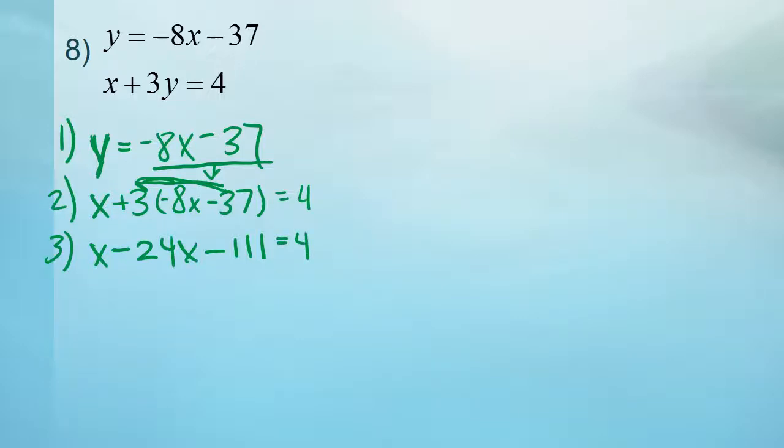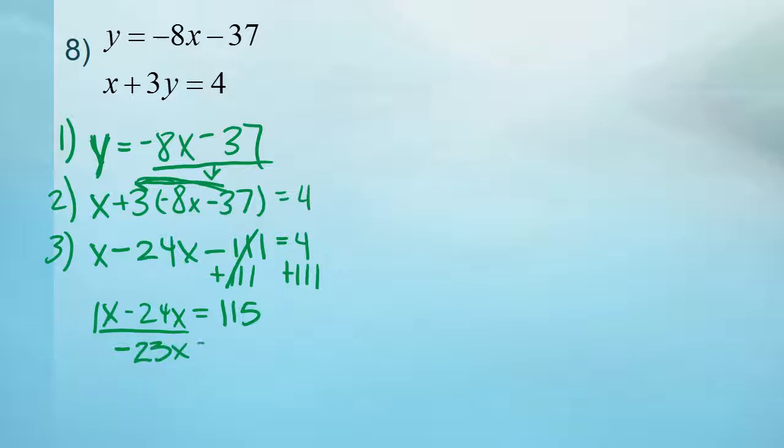Next step, I need to get x by itself, so I'm going to add that 111 to the other side, which leaves me with 115. On the left-hand side, I'm going to combine like terms. I have a 1x minus a 24x, which leaves me with a negative 23x, equal to that 115 still.